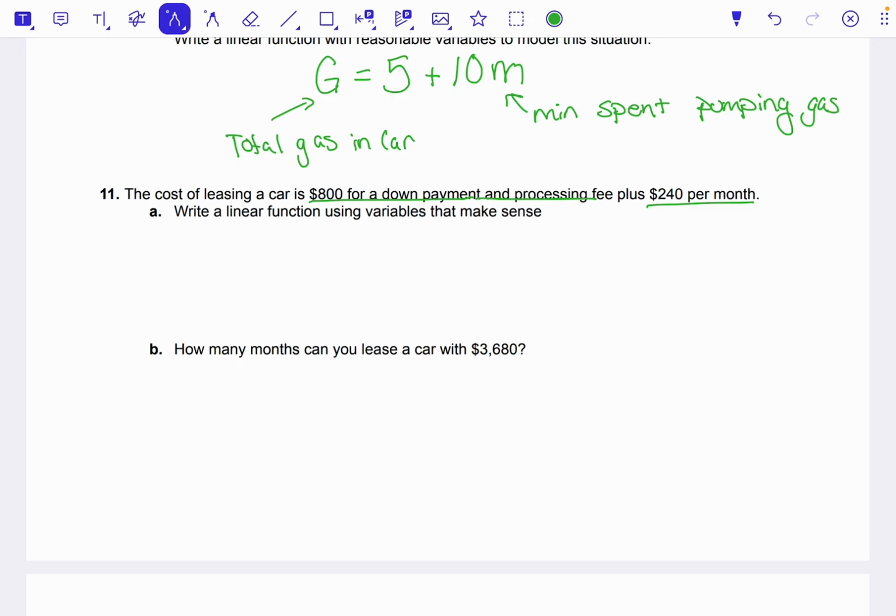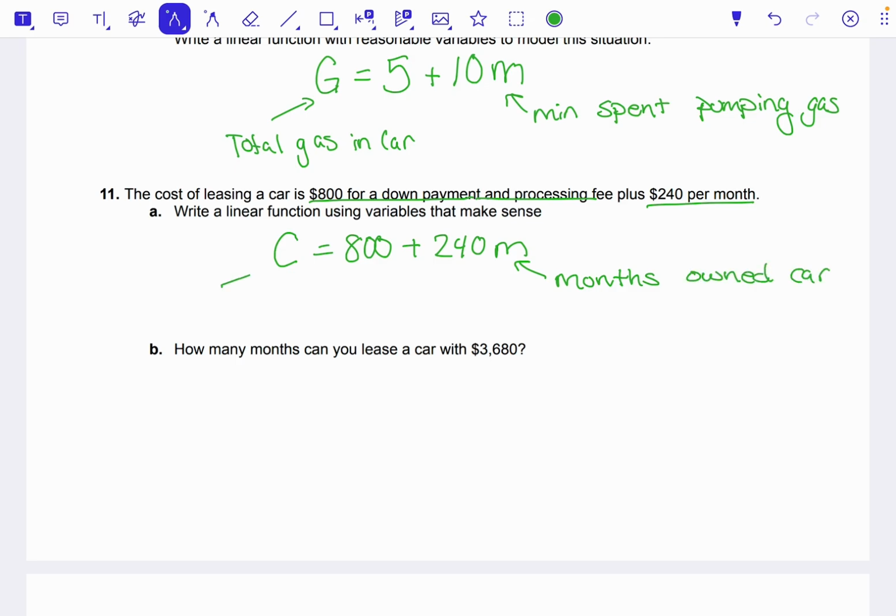So I'm going to call it C. So this is the cost I've paid for my car so far. I start with $800. I add $240 each month. And this is the months we've owned the car.